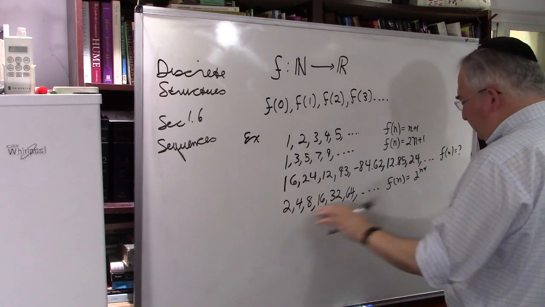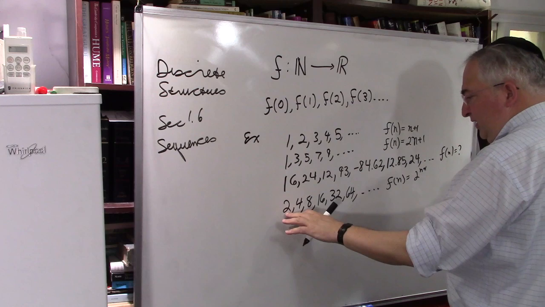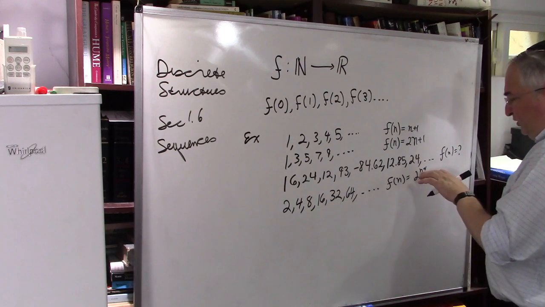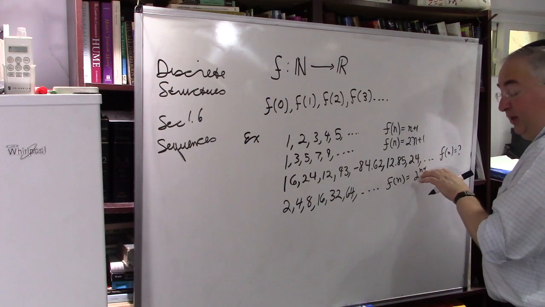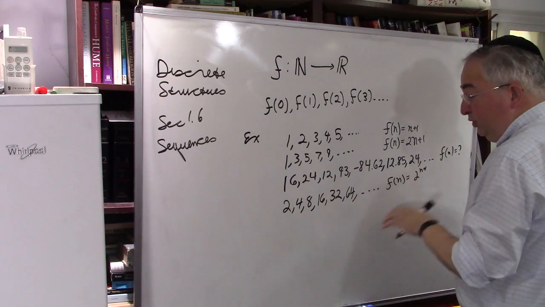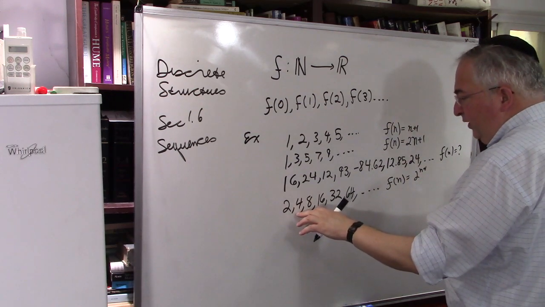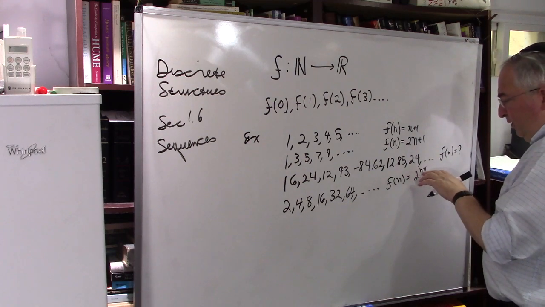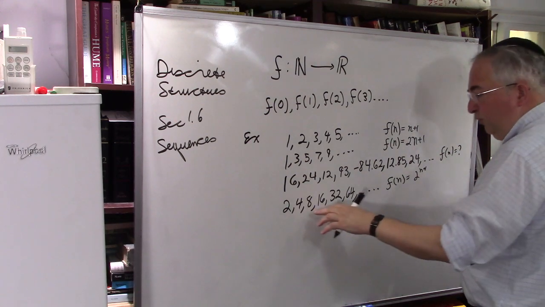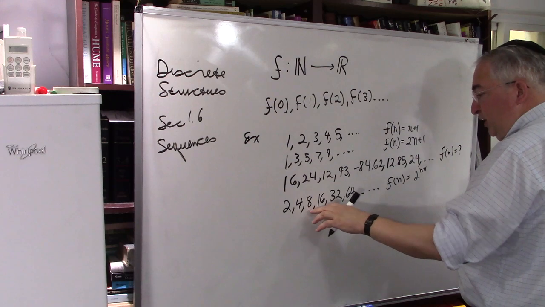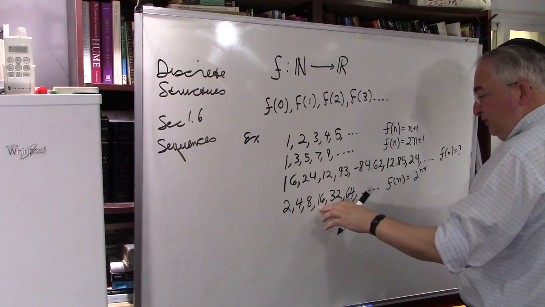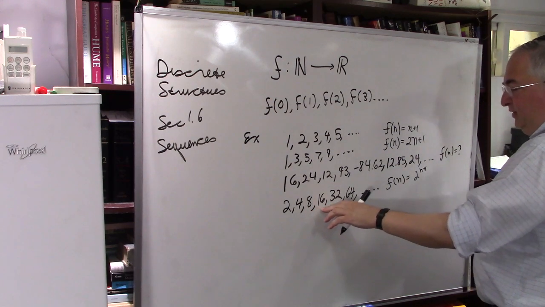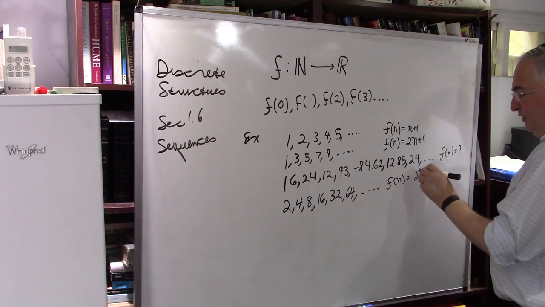Ready? Plug in 0, you're going to get 2 to the 0 plus 1. 0 plus 1 is 1, so that's 2 to the 1, which is 2. Then you plug in 1, you get 1 plus 1 is 2, 2 to the 2 is 4. 2 to the 3 is 8. 2 to the 4 is 16, etc. So this works.